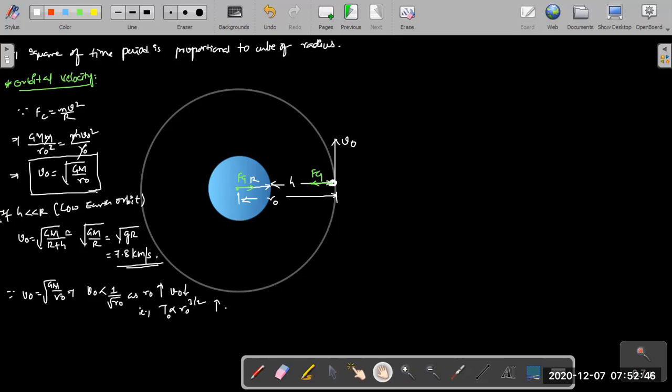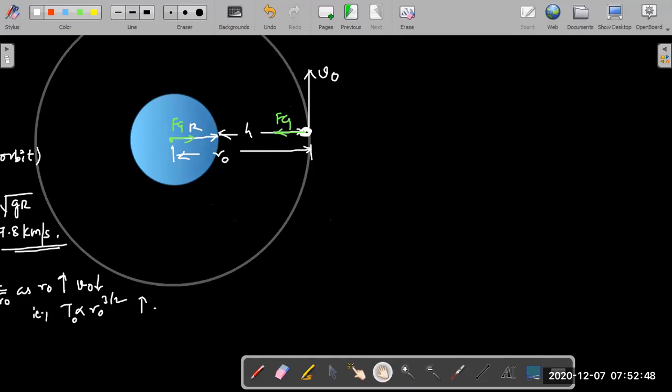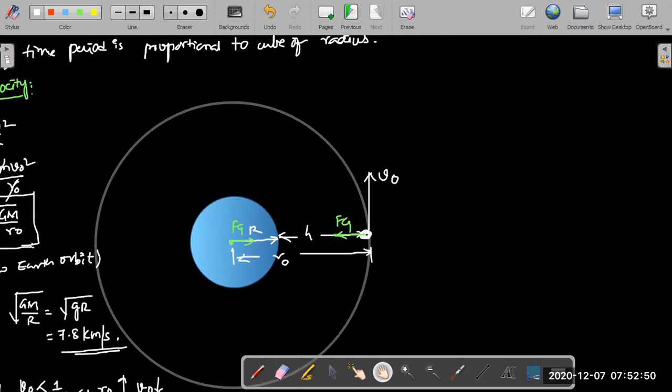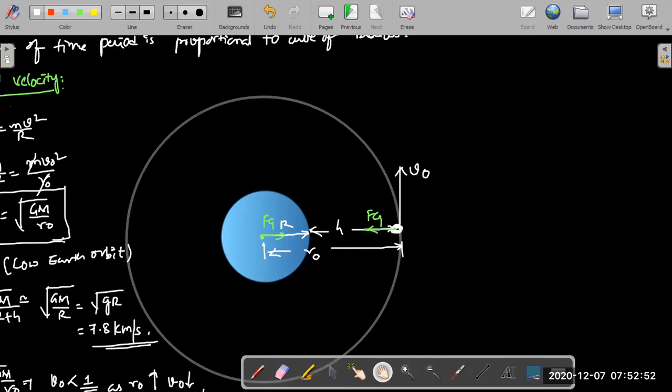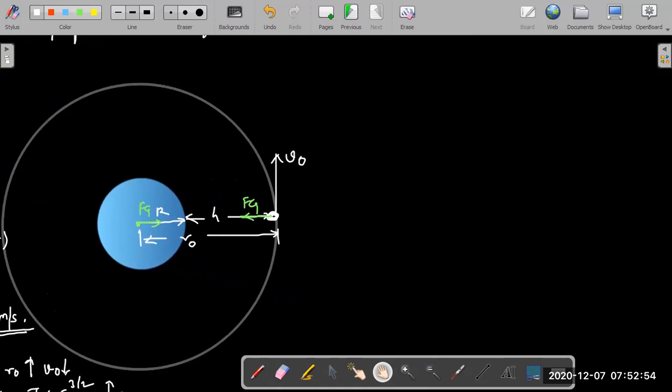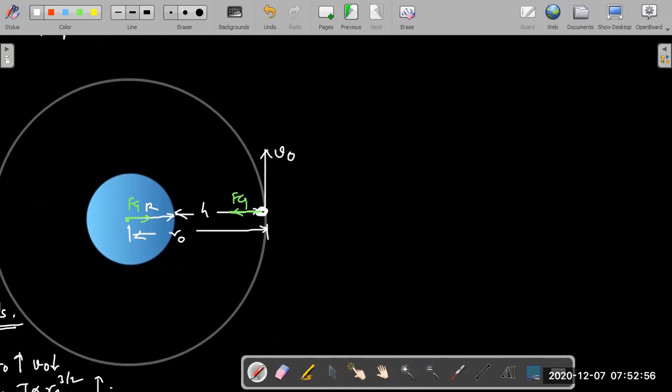Now, if you try to calculate the energy of a satellite or planet, we know that the kinetic energy in orbit is half m v naught square. Usually, it is not that the satellite is revolving around the planet.